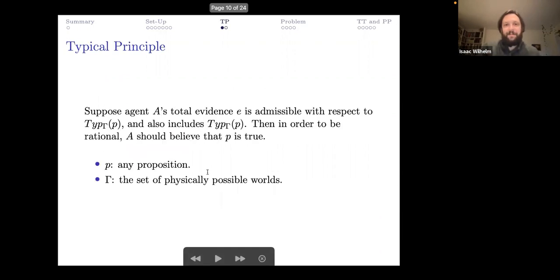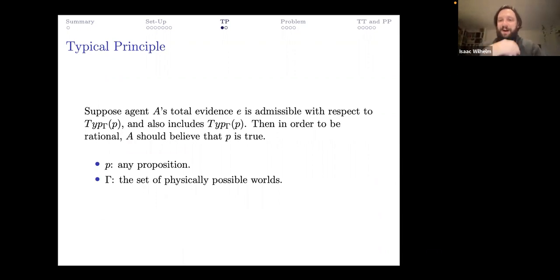Okay, so you did it. Everyone figured out the next few slides. So here's the typicality principle formulated in this way. You've got an agent A, they've got some total evidence E, and suppose that total evidence is admissible with respect to typ P and also includes typ P, like you also just know that P is typical.